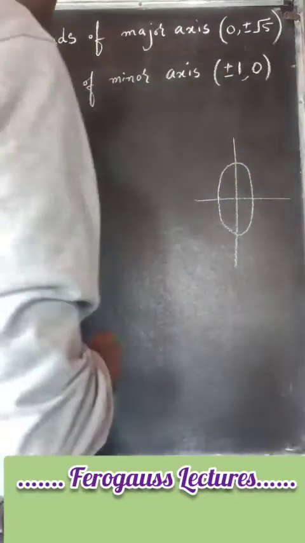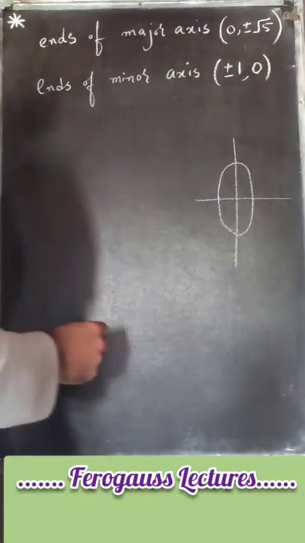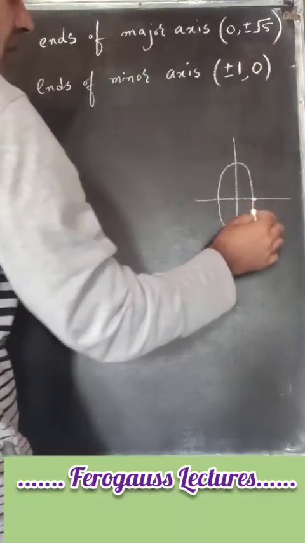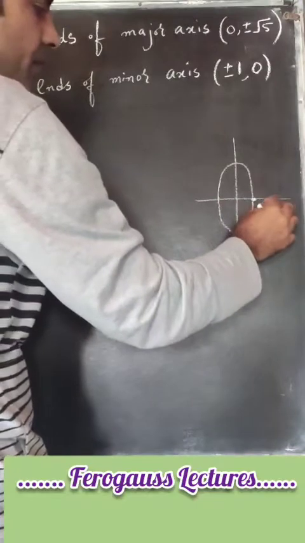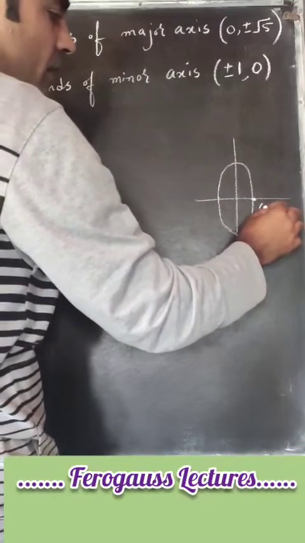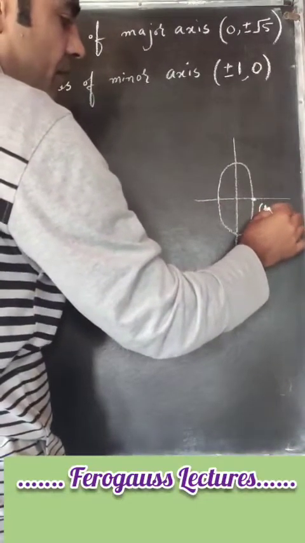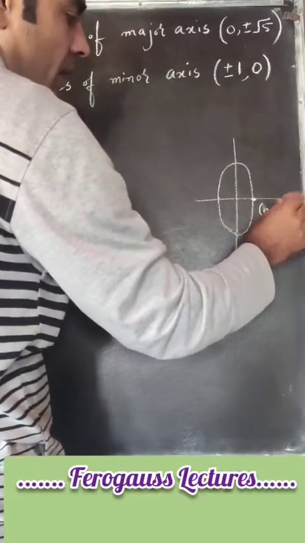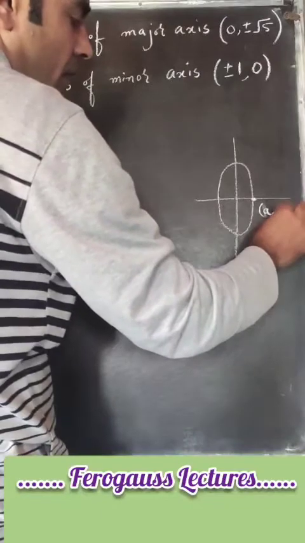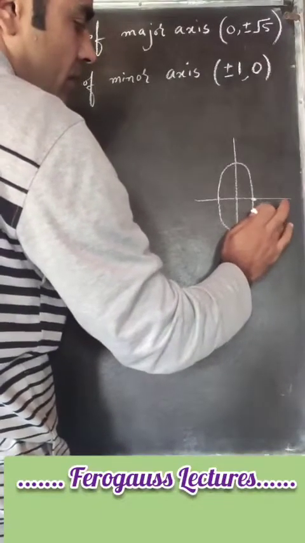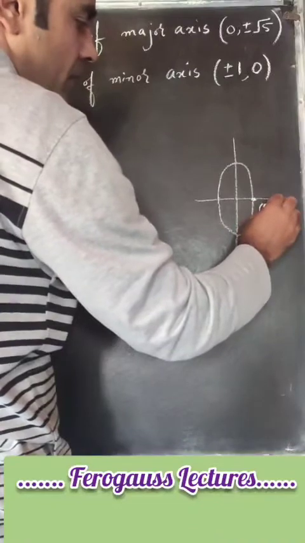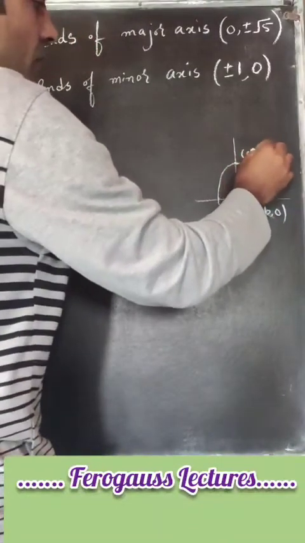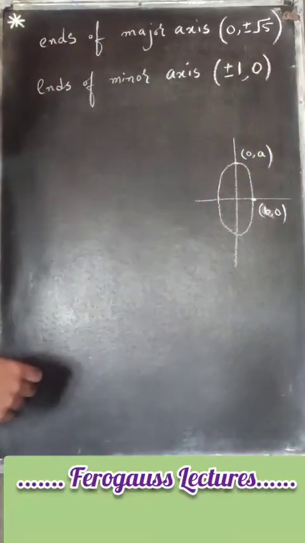Okay? Now, we know that the coordinates of endpoints of minor axes are b, 0, and here it is 0, a.